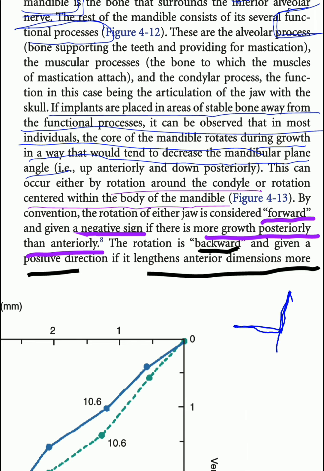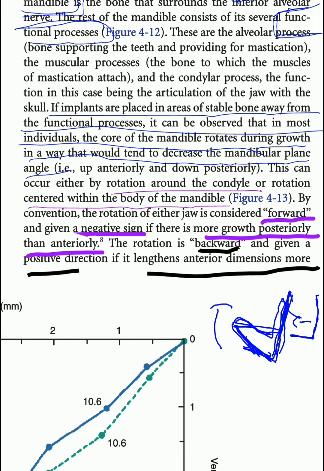Now if this area is growing more and the anterior region remains the same, in order to occlude, it has to go for the occlusion of teeth. Obviously the patient will have a configuration of the mandible like this. So in the beginning, which was something like this, has turned into this kind of rotation. This is called forward rotation because it is moving in a forward direction.